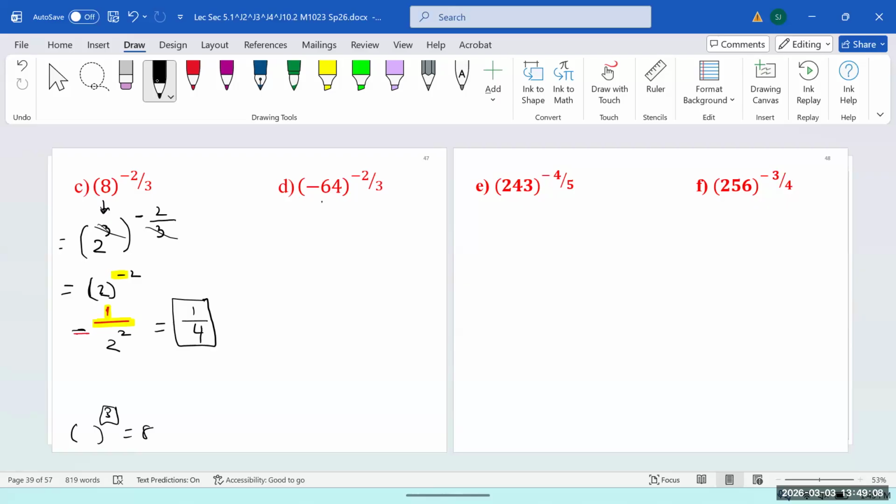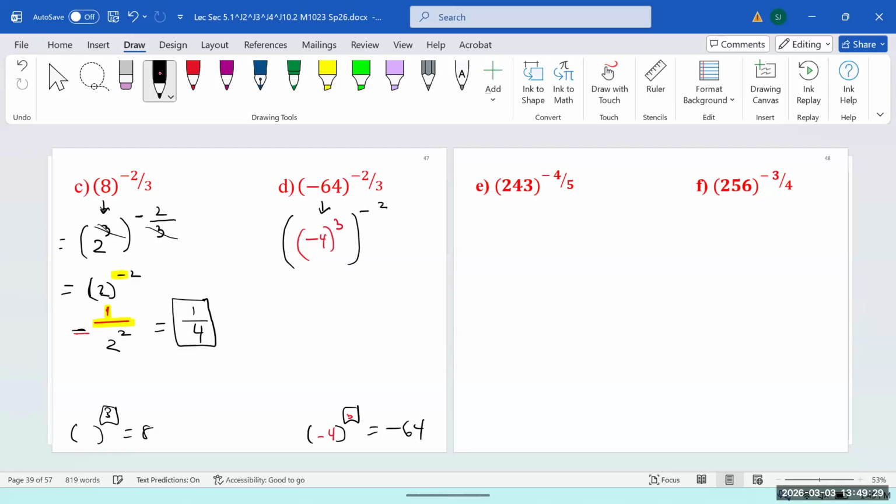Justin, the second one. How do you rewrite 64? So you're looking for what number to what power equals -64? -4 to the power 3 is -64.